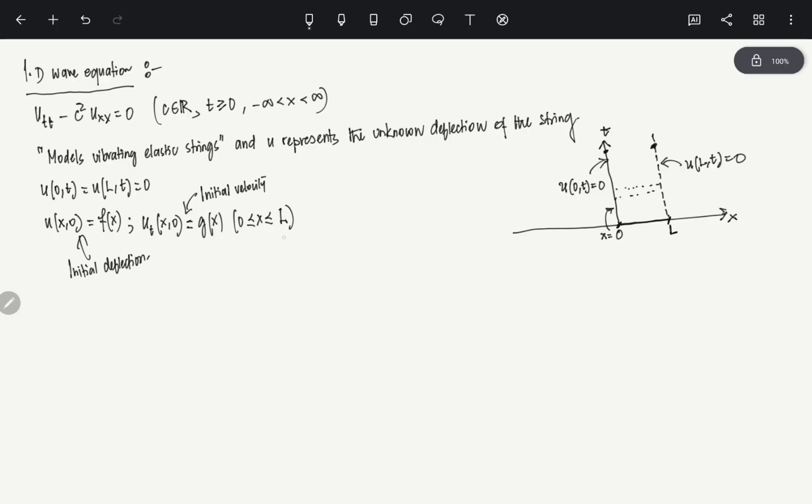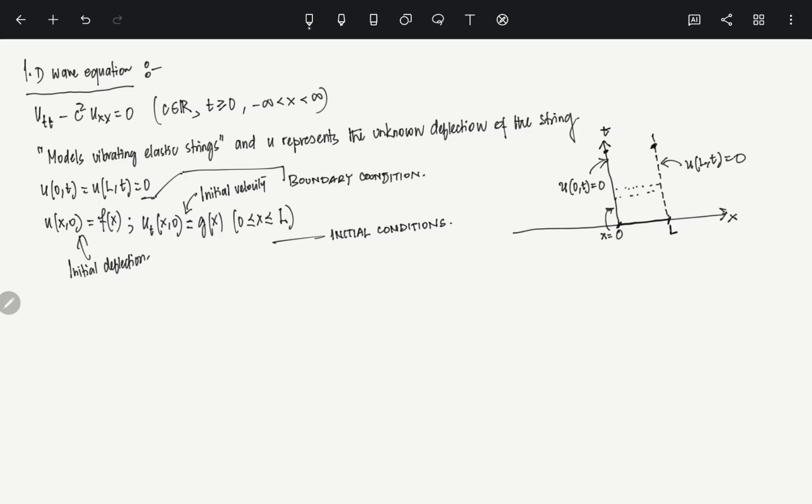These two are called initial conditions. Why initial conditions? Because these conditions tell us the state of the whole system initially, and this is the boundary condition. At the boundary they are fastened, so basically there is no movement. Boundary condition.